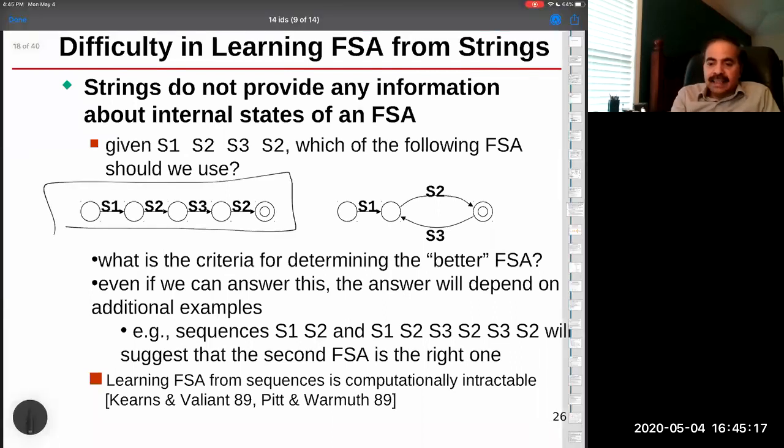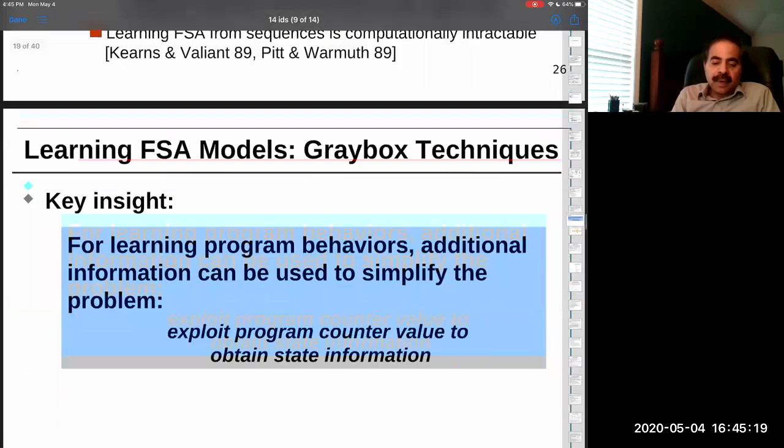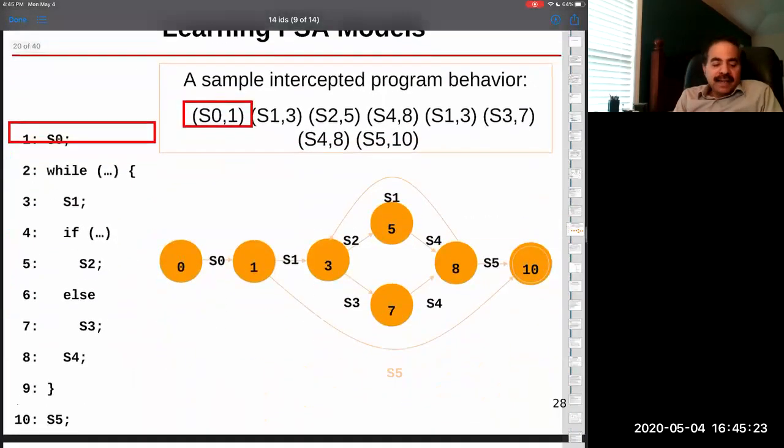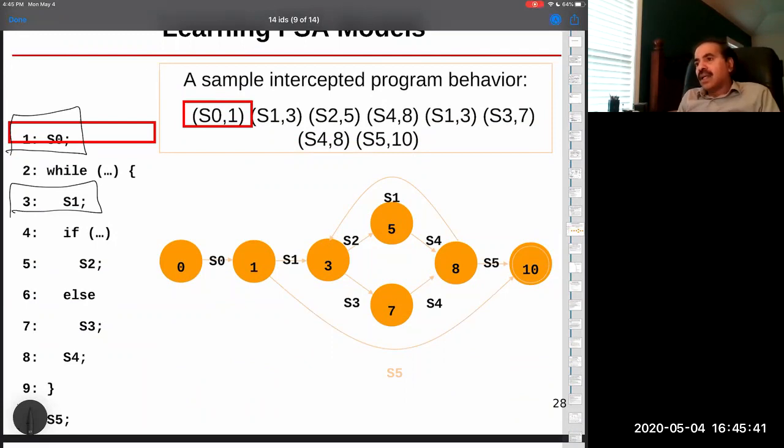In reality, when you look at programs, you actually have additional information. For instance, in this program, system call S0 is made from line 1, and system call S1 is being made from line 3. Or if you look at the binary of the program, then S0 will be made from a certain location in the program, S1 from a certain other location, and so on.